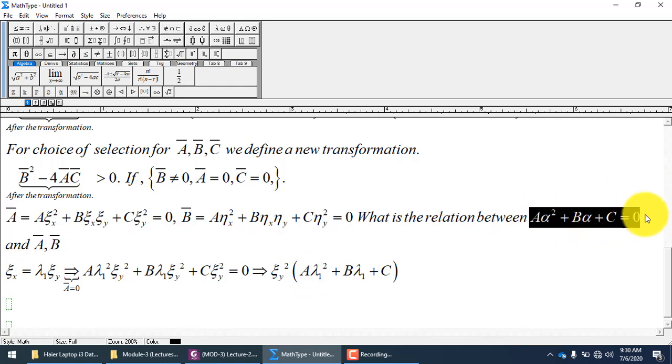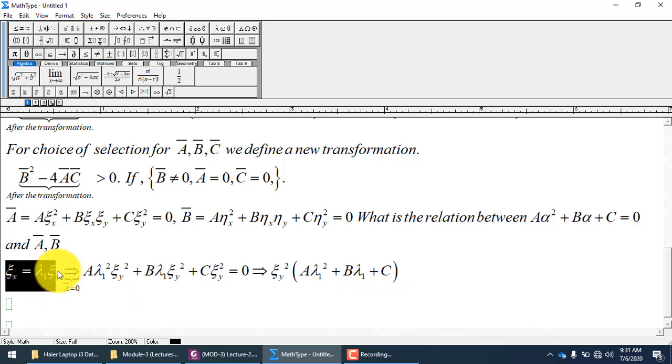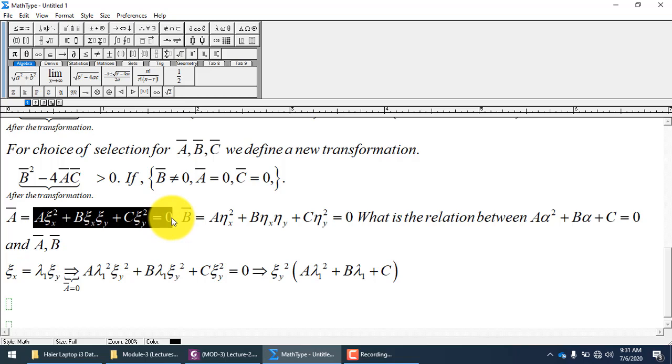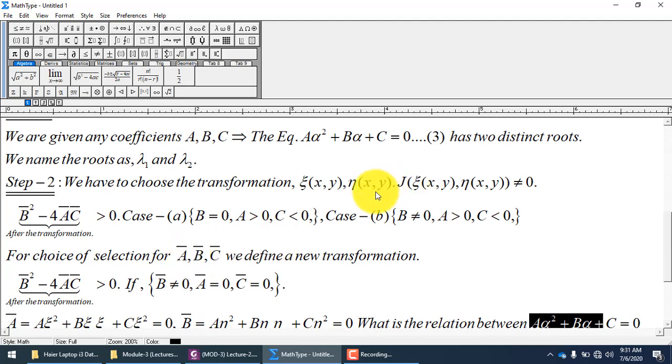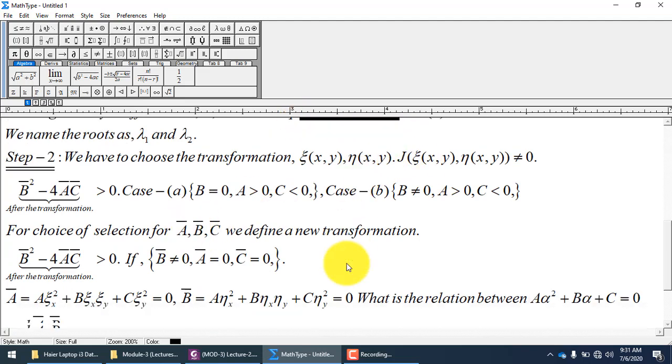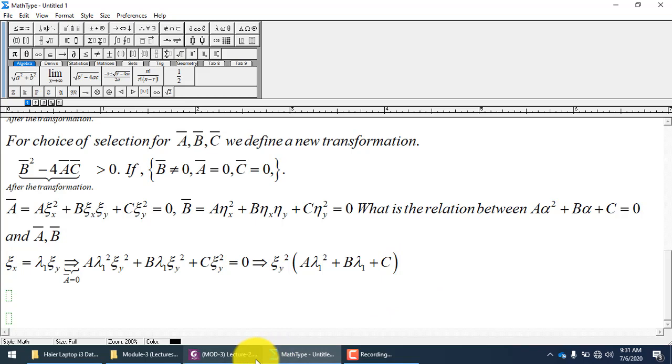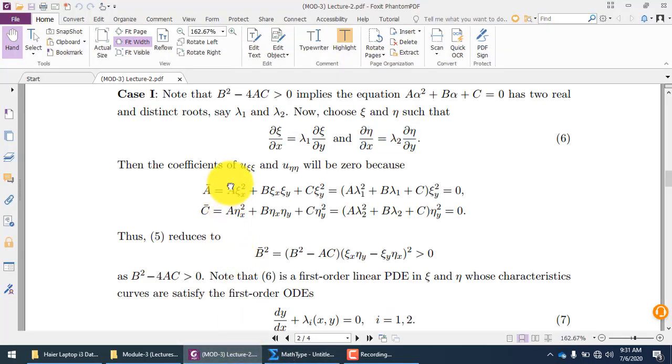So indeed, if we choose xi x in that way, then your equation will become quadratic, like the previous one we had transformed initially, equation 3. So this is the choice of A bar, C bar that makes xi x like this. Because you have to think by yourself, you have to select xi and eta.